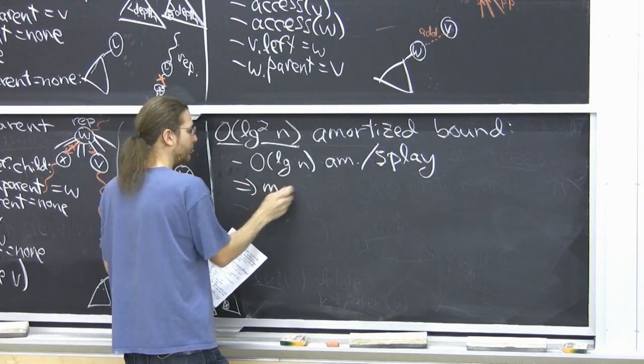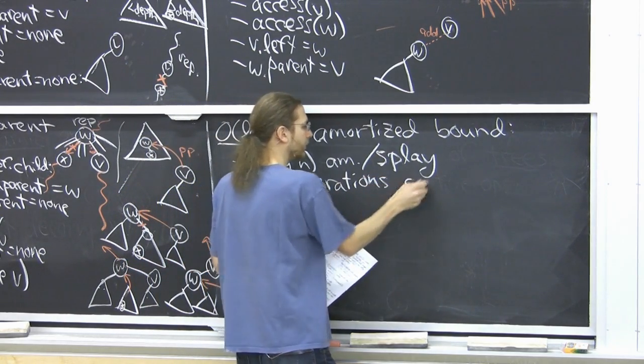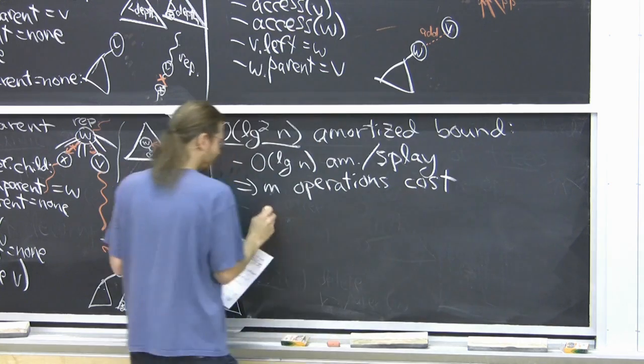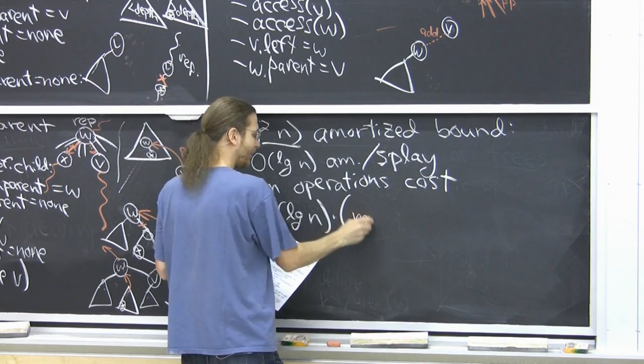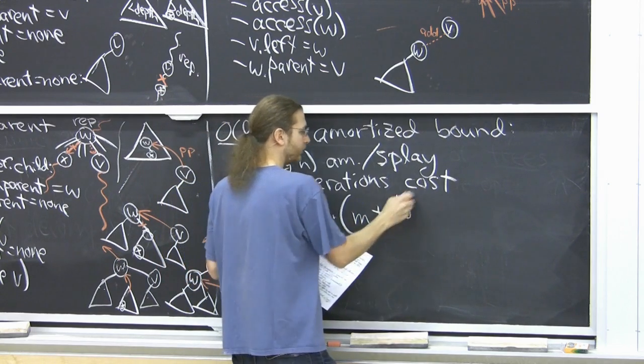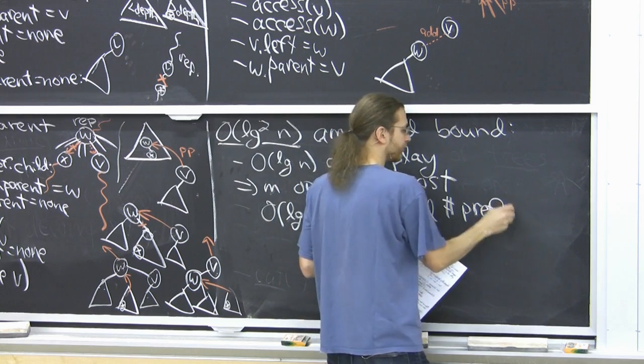So if we do m operations, it's going to cost, we're not actually going to be done here, order log n times m plus the total number of preferred child changes.